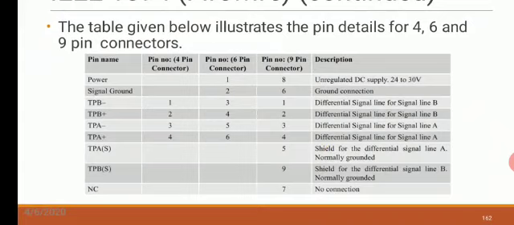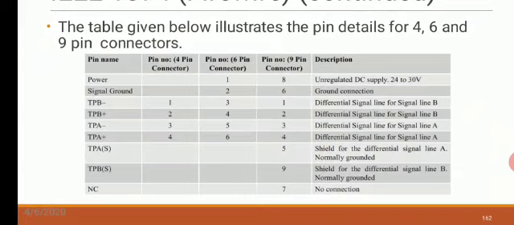So the 4-pin has TPB, that is the differential signal line for B, and the differential signal line for A, so they can send two data at a time. So A and B have plus and minus signs again, and similarly A also has plus and minus.